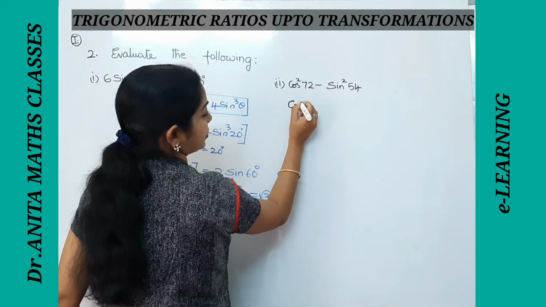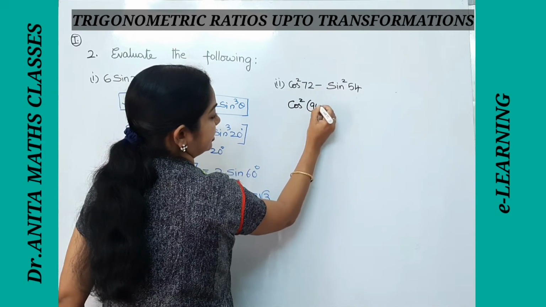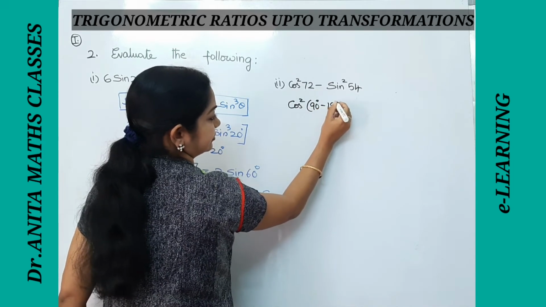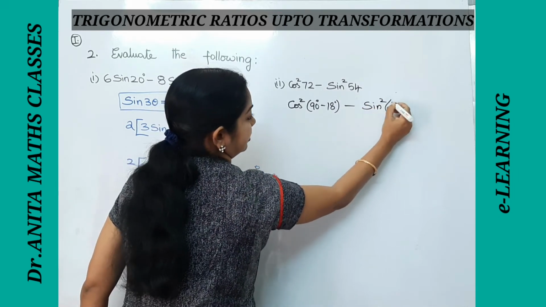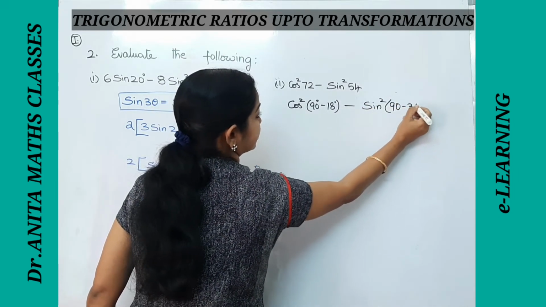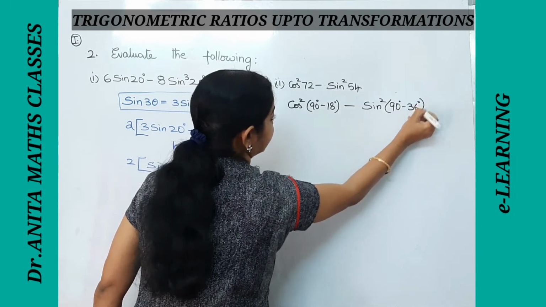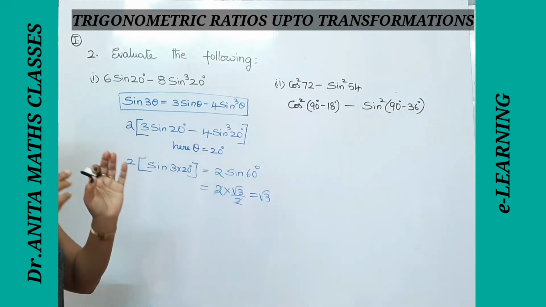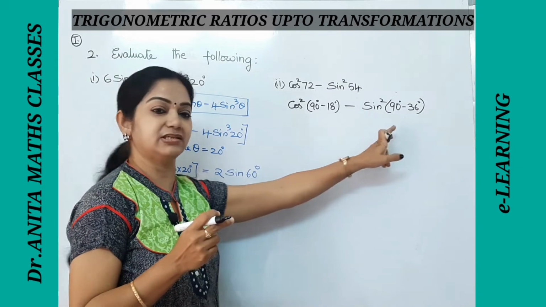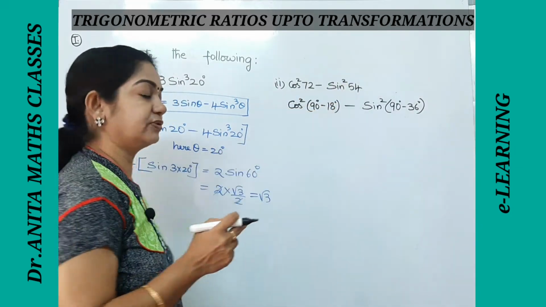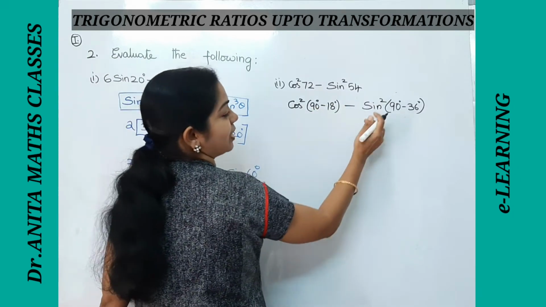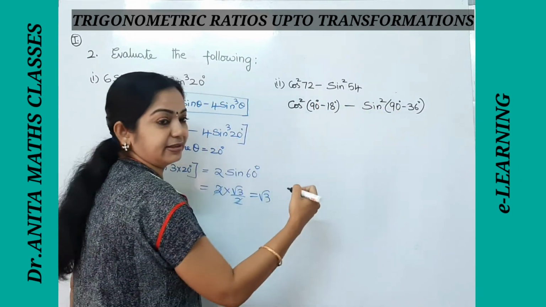So cos square of 90 degrees minus 18, minus sine square of 90 degrees minus 36. Why are we writing like this? Because we know the values of 18 and 36. We don't know the values of 72 and 54.